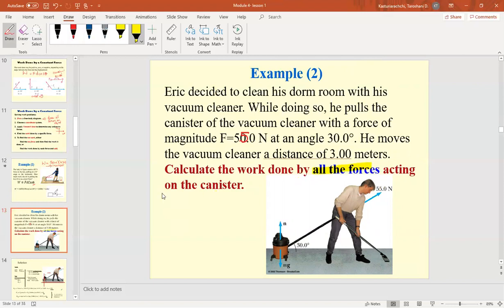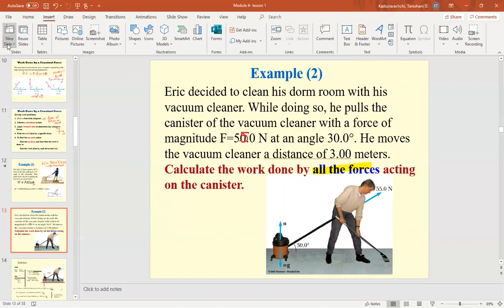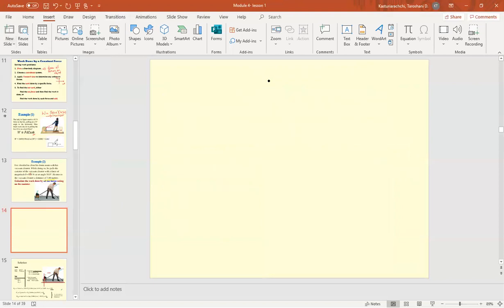Now, instead of messing up this slide, let me insert a new slide. I'm not going to draw the canister, but I could draw some object. It doesn't matter. This is my canister.